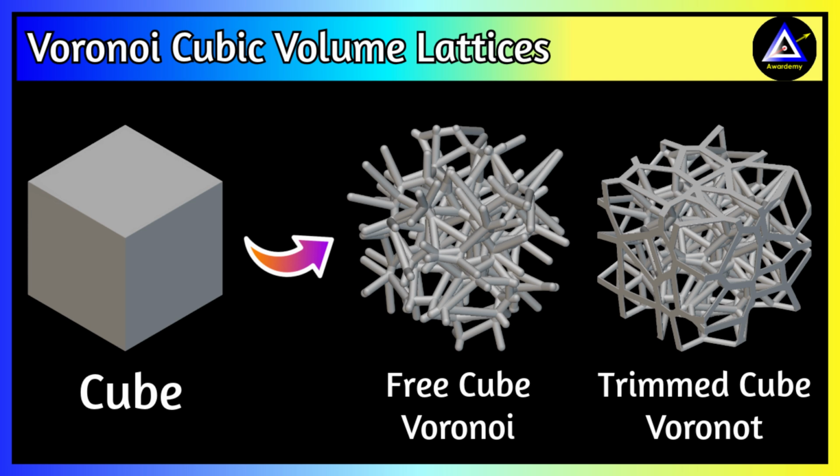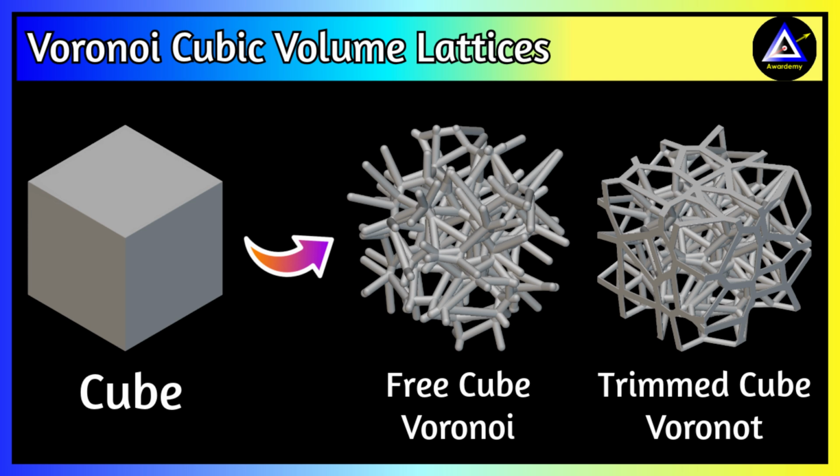There are some important things we must know: point generation, random points, the spacing between the points, and the number of points we want. These are some input parameters we have to mention here.